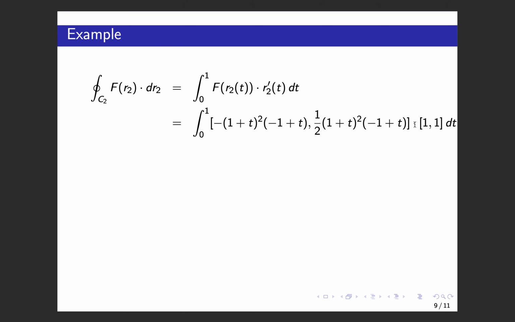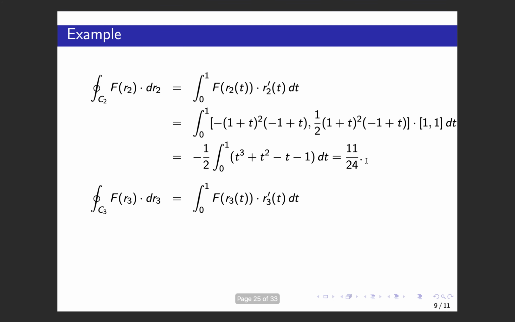Evaluating the dot product between these two vectors, we get minus one half times the integral from 0 to 1 of t cubed plus t squared minus t minus 1. We integrate one by one to get 11 over 24.